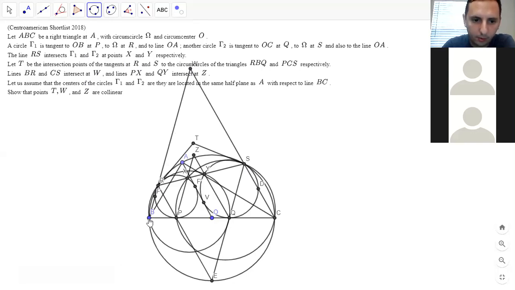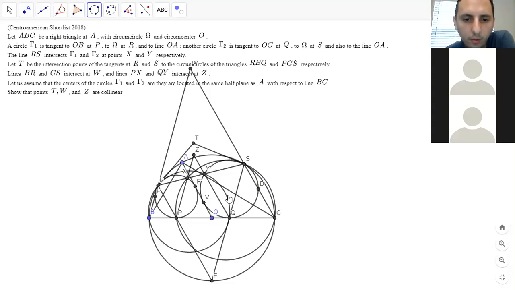No, we want to show B. I'm sorry, tangents are to the little circles. So we want to show that WR times WF is WS times WD, but it doesn't look true. No, it's not true because they are tangent to the little circles.